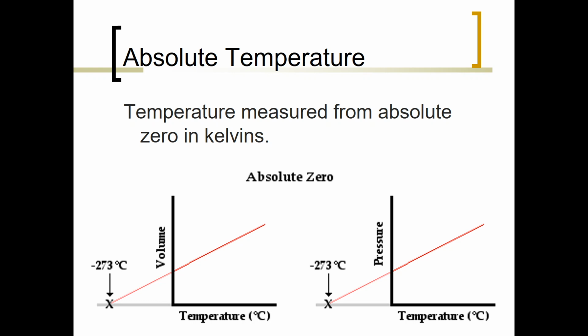So absolute zero in Celsius is negative 273.15 degrees Celsius, and in Kelvin is zero.